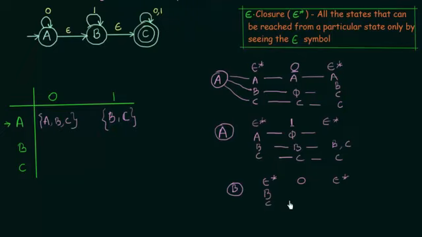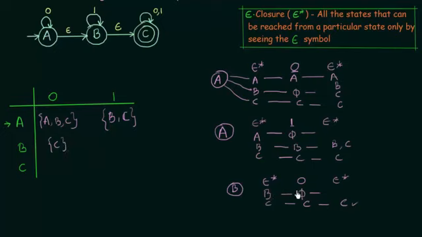B on input 0 does not go anywhere, so it is phi. And C, where does it go on input 0? C goes to C itself. Now we have to do the epsilon closure of this C. Epsilon closure of C is only C, because C goes only to C on epsilon. Now the final state that we obtain is only C, so B on input 0 goes only to C.